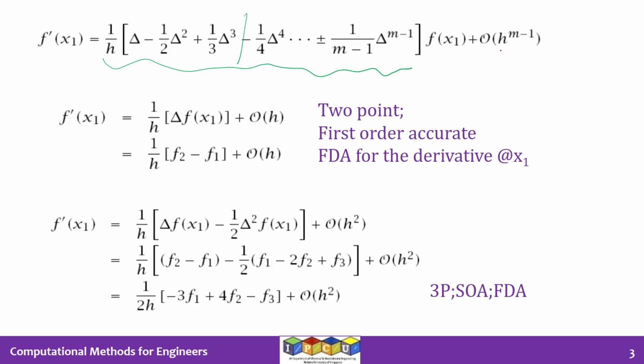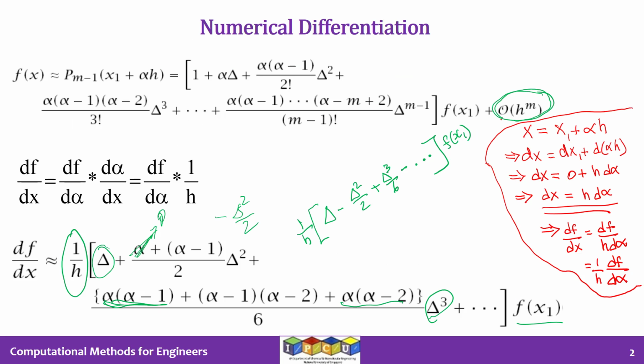And the error is of the order of h to the power of m minus 1. Why is that? Please note that the residual error was of the order of h to the power of m when we were considering the error in f of x.